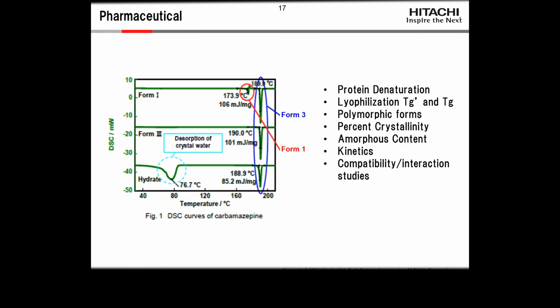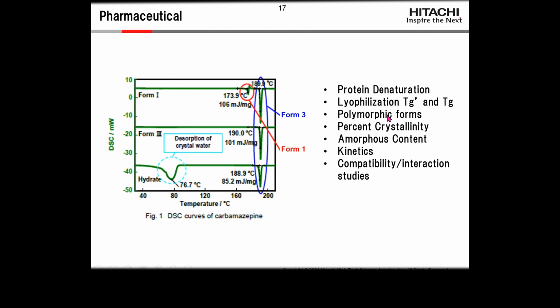In pharmaceuticals, there are a lot of applications for DSC. We can look at protein denaturation. We can look at freeze drying or lyophilization of drugs and vaccines, which is a really important one now. We can look at storage temperatures. We can look at polymorphic forms.